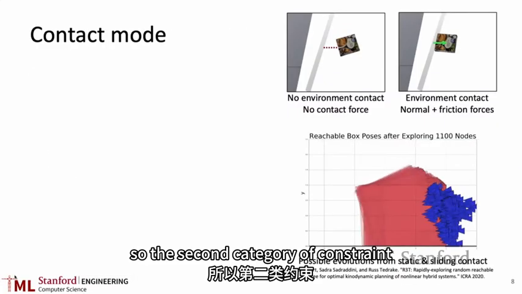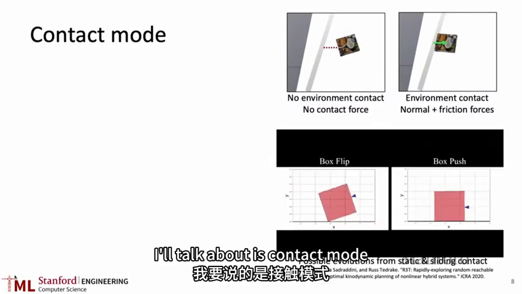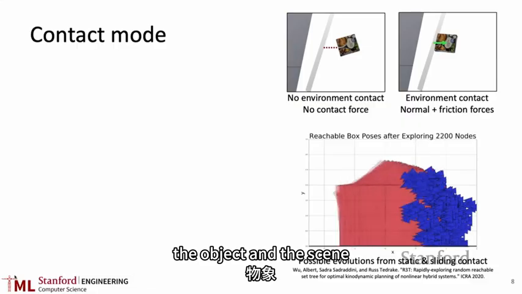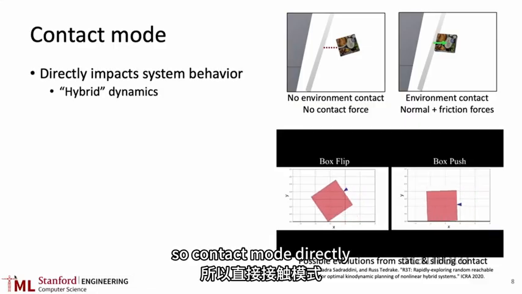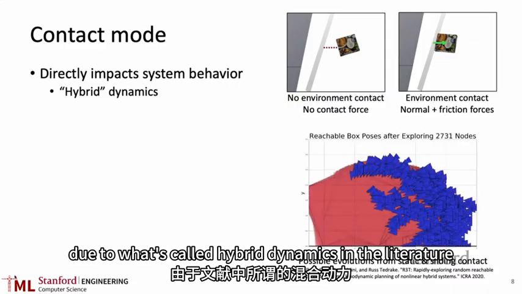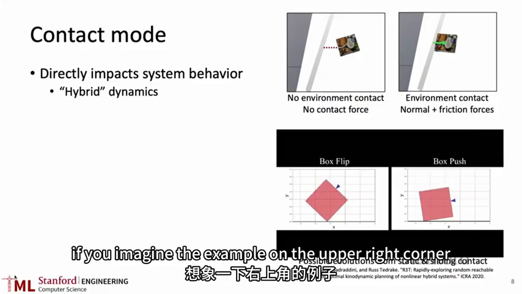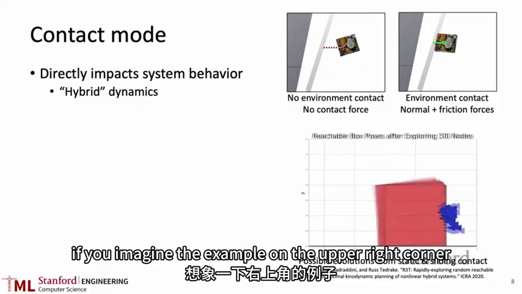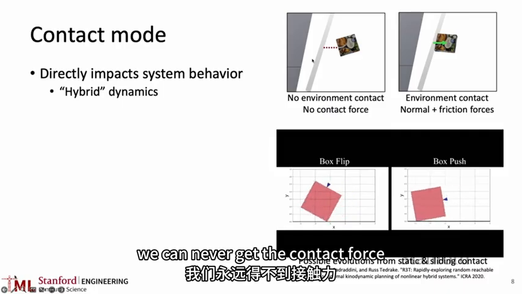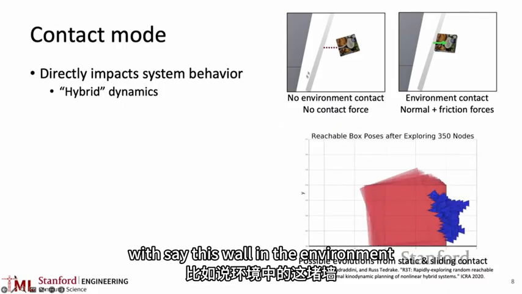The second category of constraint I'll talk about is contact mode. This describes the contact configuration between the robot, the object, and the scene. Contact mode directly impacts the system's dynamics due to what's called hybrid dynamics in the literature. If you imagine the example in the upper right corner, if there's no environment contact, we can never get the contact force with, say, this wall in the environment.